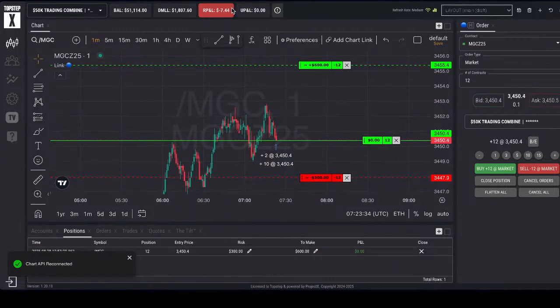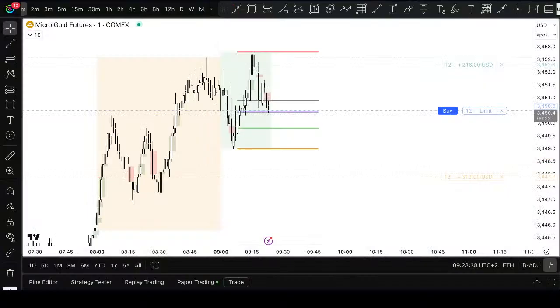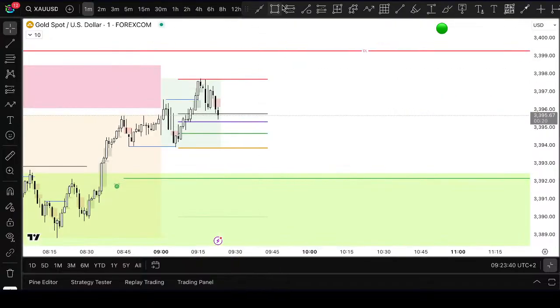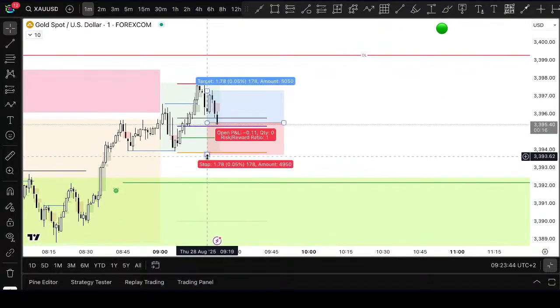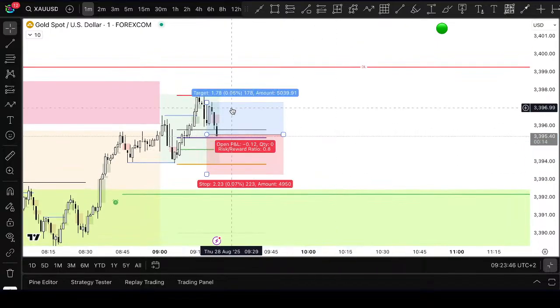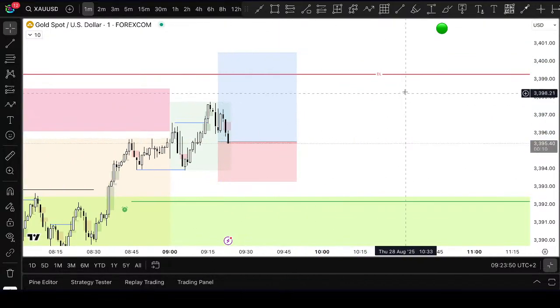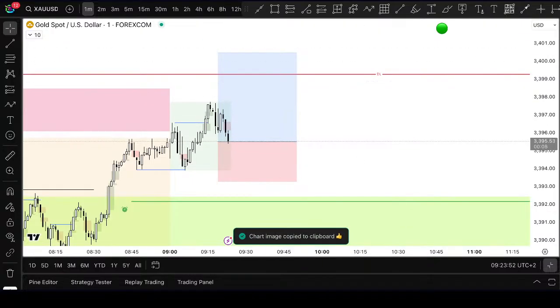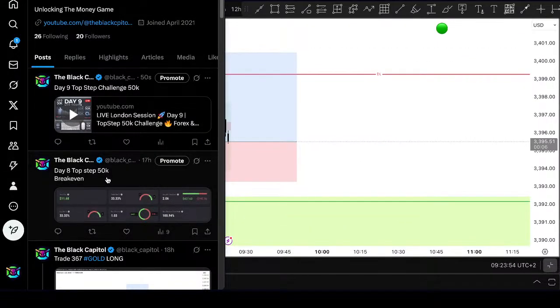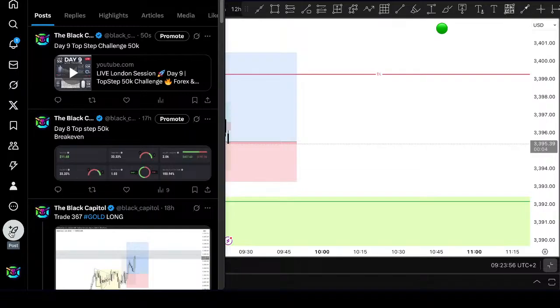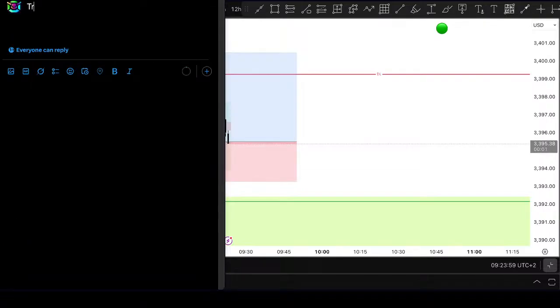Oh yes, we put it in somewhere around here. Yeah, now we post it. 230, 268 trade, 368 gold long.